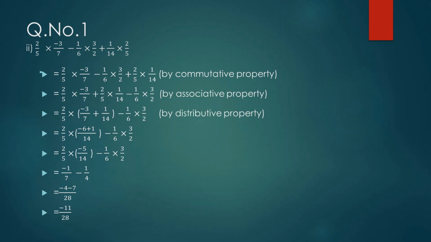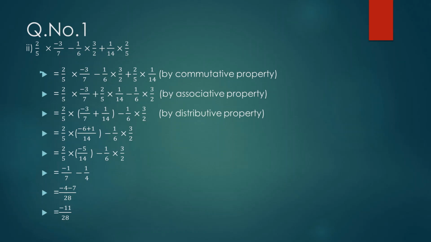So from these two, we can take 2/5 as common, which means using the distributive property. So the next step is 2/5 × (-3/7 + 1/14) put inside the bracket, then last minus 1/6 × 3/2.